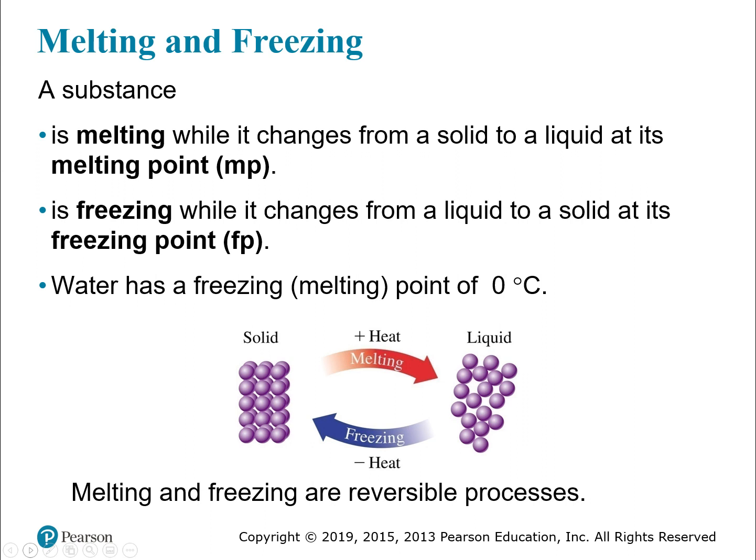First, we'll start with melting and freezing. Melting happens when you're going from a solid to a liquid, and you're at its melting point. Freezing, you're taking a liquid, you're making it into a solid at its freezing point.